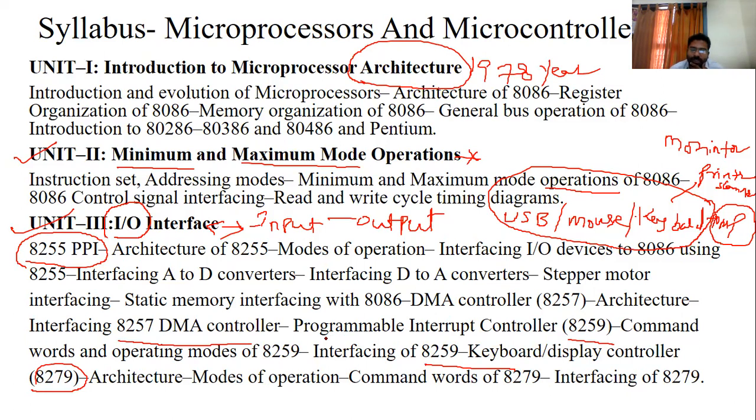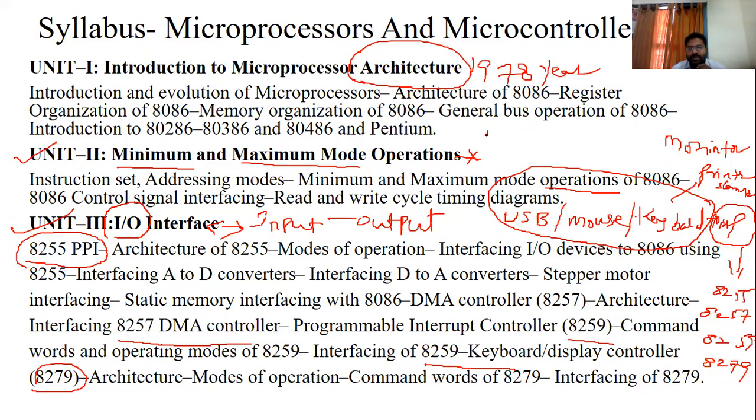So different controllers and peripheral devices are needed to connect these input output devices to the microprocessor. Without the help of 8255 PPI, 8257, 8259, and 8279, we are unable to connect these USBs, keyboards, monitors, and all things, because the microprocessor is unable to handle everything.